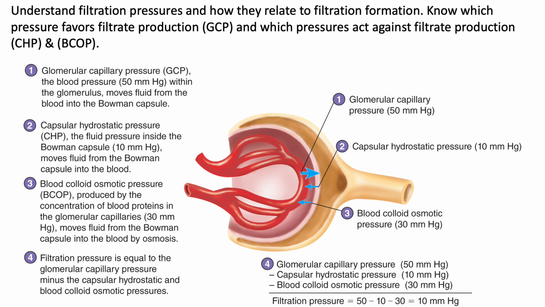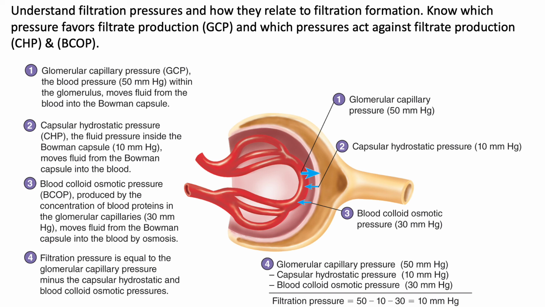So what that tells you is, with enough back pressure, if the blood pressure were to drop enough, and say the glomerular capillary pressure were only 40 millimeters of mercury, the capsular hydrostatic pressure and blood colloid osmotic pressure are not going to change. So 40 minus 40 would give you 0 net filtrate production.